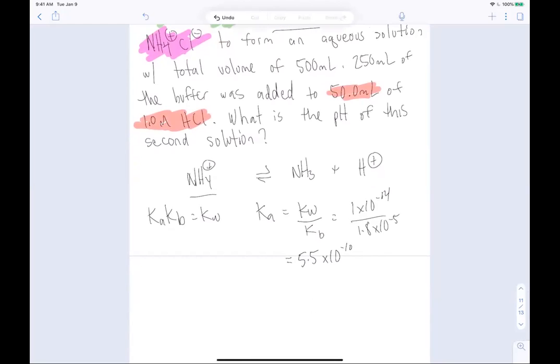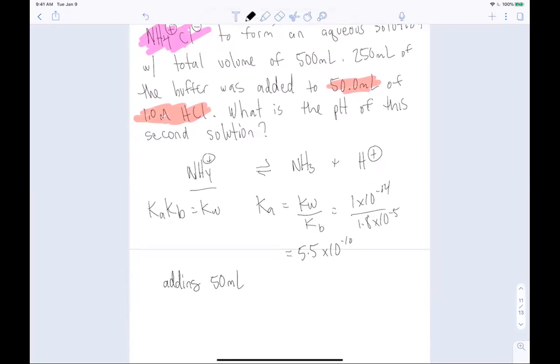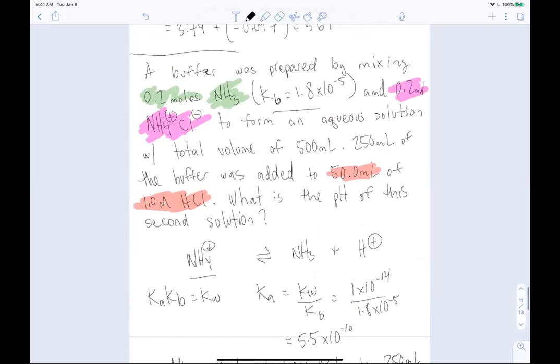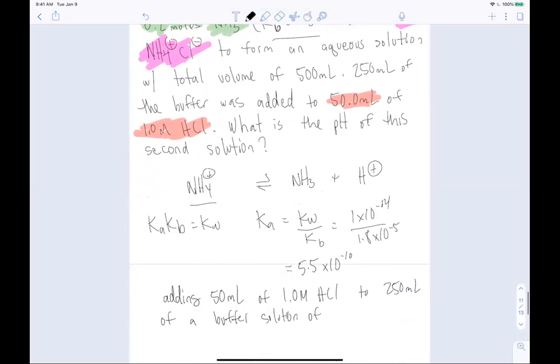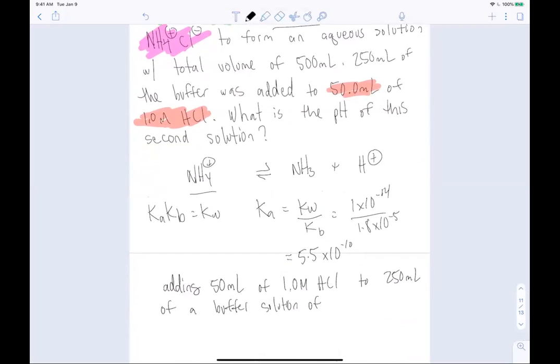In my mind, the way I'm thinking of it is like I'm adding, because the order of addition doesn't matter here. These things are going to come to equilibrium, but it's the same as adding 50 milliliters of 1 molar HCl to 250 milliliters of a buffer solution of ammonia and ammonium chloride.